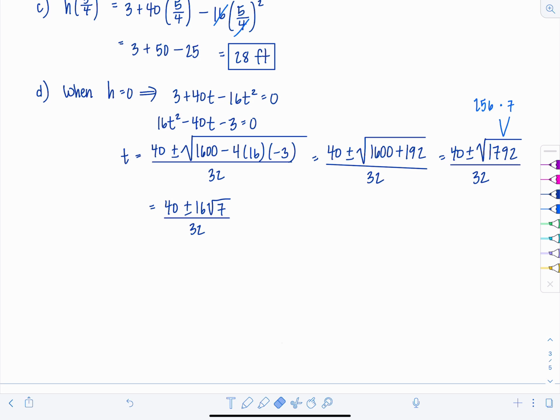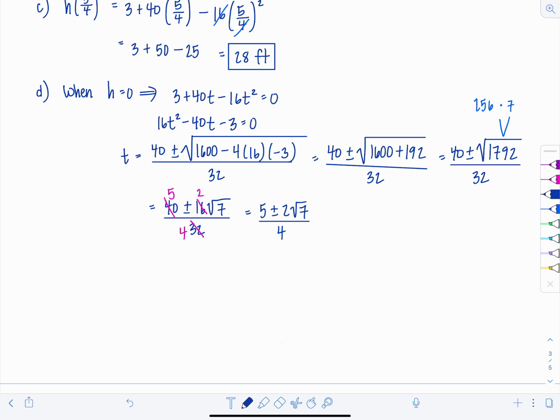Let me straighten that guy out. And then I can divide out an 8 from everybody, can't I? So this is going to become 5. This is 4. This is 2. So we've got 5 plus or minus 2 rad 7 over 4. Now for my answer, this is time, right?